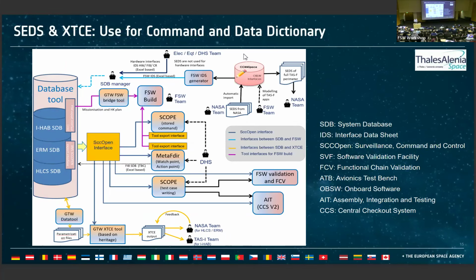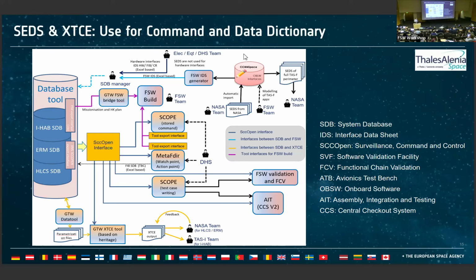This looks complicated, but I will not go into detail. But basically, it's to say that I mentioned Thales Alenia Space France, and as I said, they provide the flight software execution platform for us, but also application software for HLCS. But they also embrace model-based software engineering in such a way that the electronic data sheets are really used as an electronic version of the ICD.